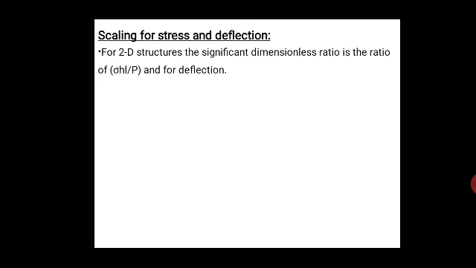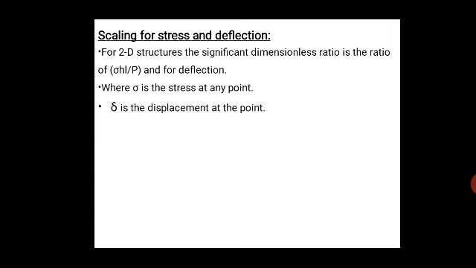where sigma is the stress at a point and delta is the displacement at the point, and P is the applied load. And let us consider h as the thickness of the model, and L is the typical dimension of the model.